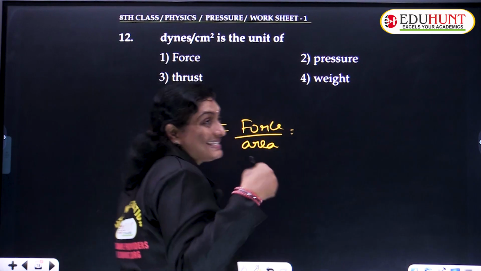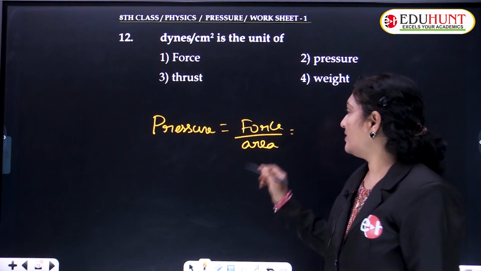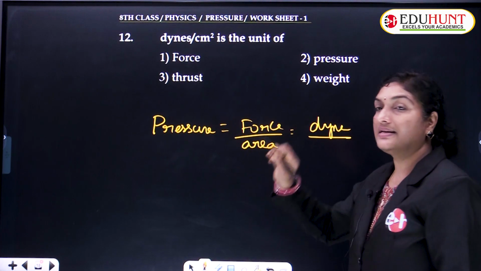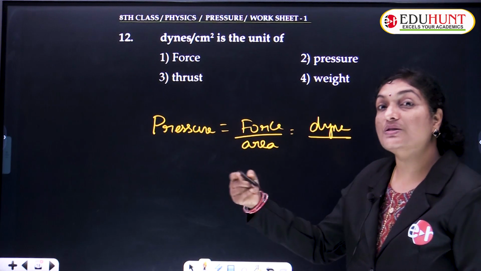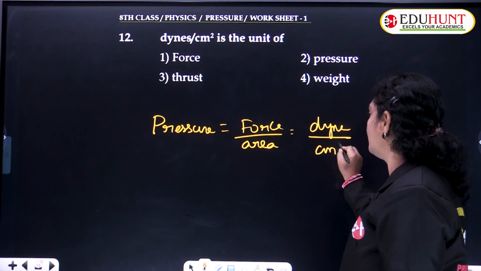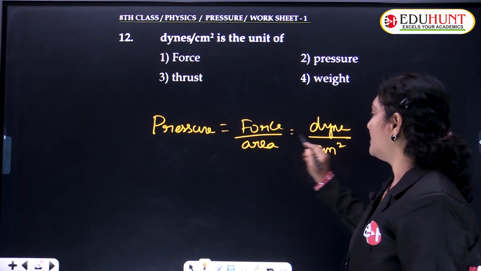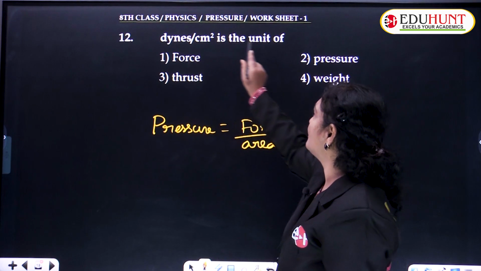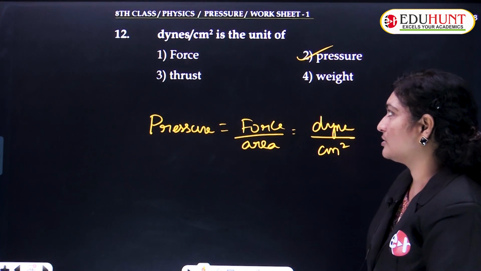Force in the SI system is measured in newton, whereas in the CGS system it is measured in dyne. Area in the SI system is measured in meter square, whereas in the CGS system it is measured in centimeter square. So dyne per centimeter square is the unit of pressure.